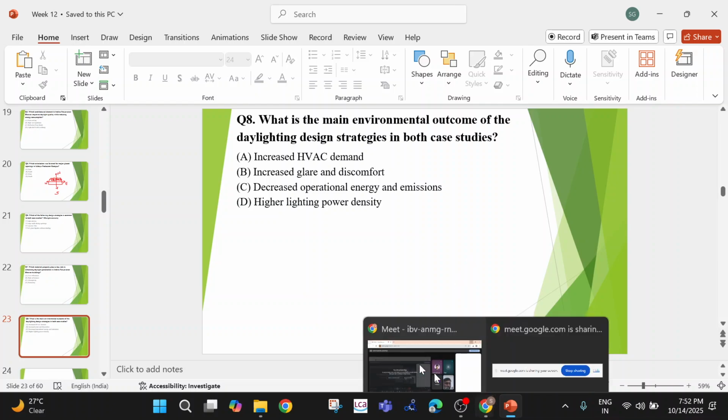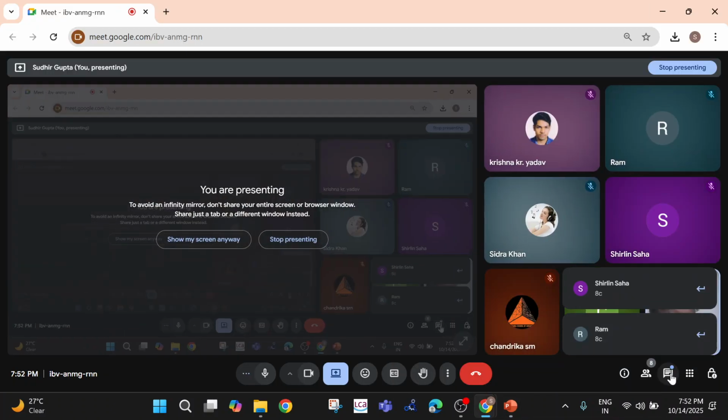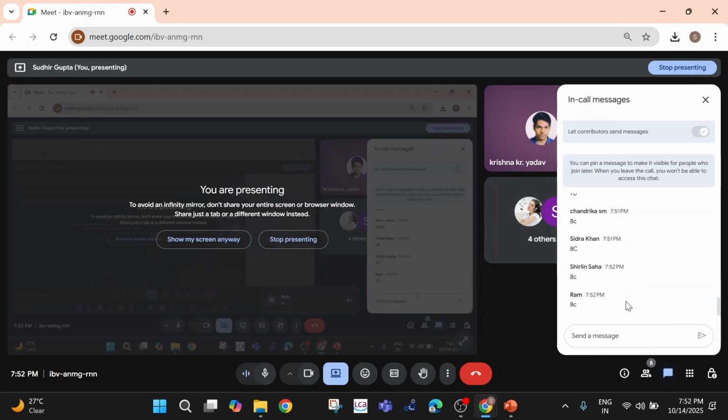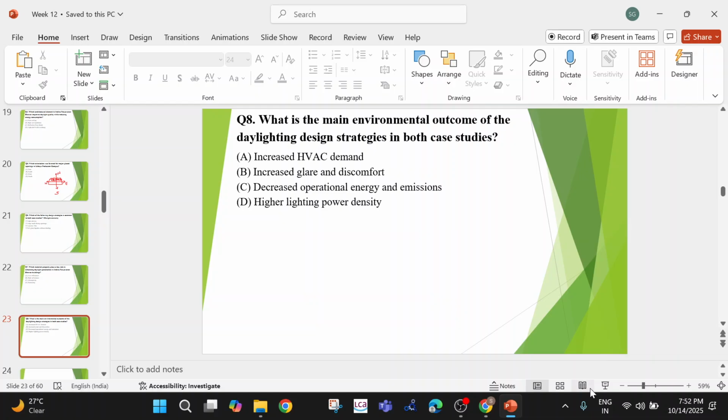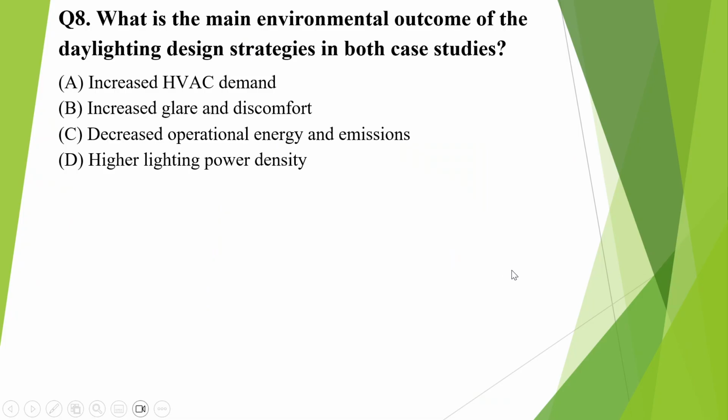So as I can see, most of you have answered question number 8, and most of you have answered option C. Yes, all of you are correct. Option C is the correct answer. That is the main environmental outcome of daylight design: proper daylight optimization can help us in decreasing the operational energy and the emission.